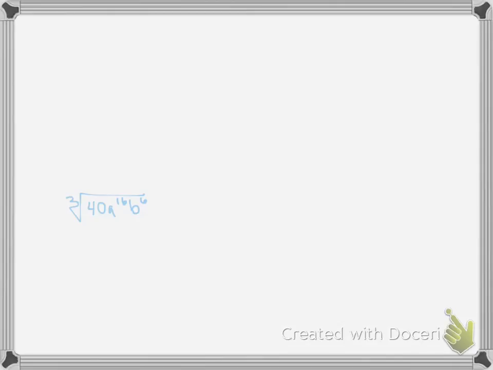Okay, if I said to simplify this and convert it to exponential, so I want to convert it to fractions. So if it is easier to visually see, let's go ahead and split it. So the 40, and then we have the cube root of the a to the 16 times the cube root of b to the 6.